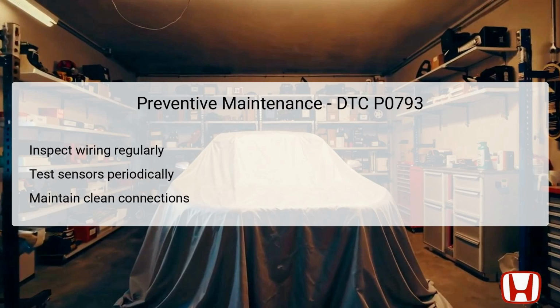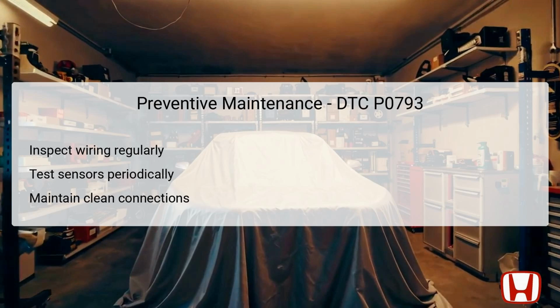For effective preventive maintenance, targeting reduction of issues like DTC P0793, there are several practical steps that can be implemented by vehicle owners. Regular inspection of wiring and connectors associated with the CVT system will ensure that any wear or damage is identified before it becomes a significant issue.